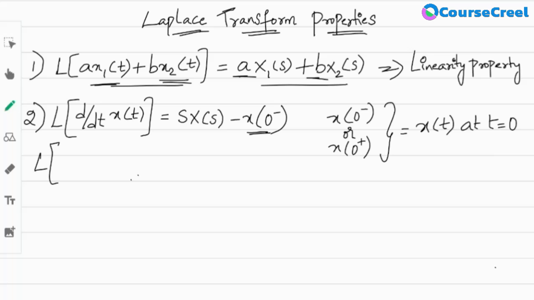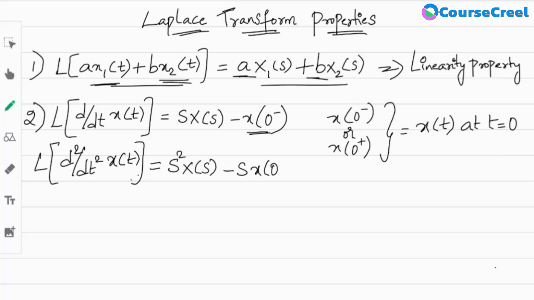And Laplace transform of the second derivative, d square by dt square of x of t, is equal to s square x of s minus s into x of 0 minus x dash of 0 minus.